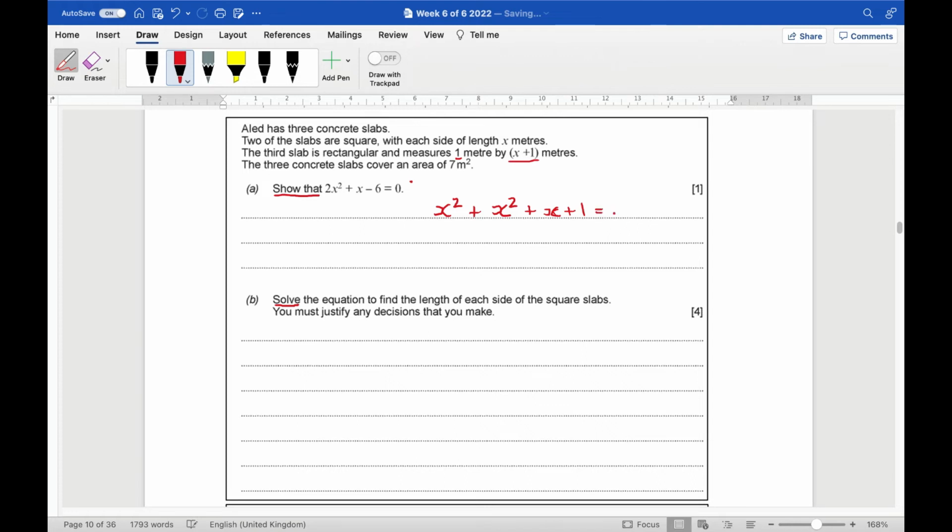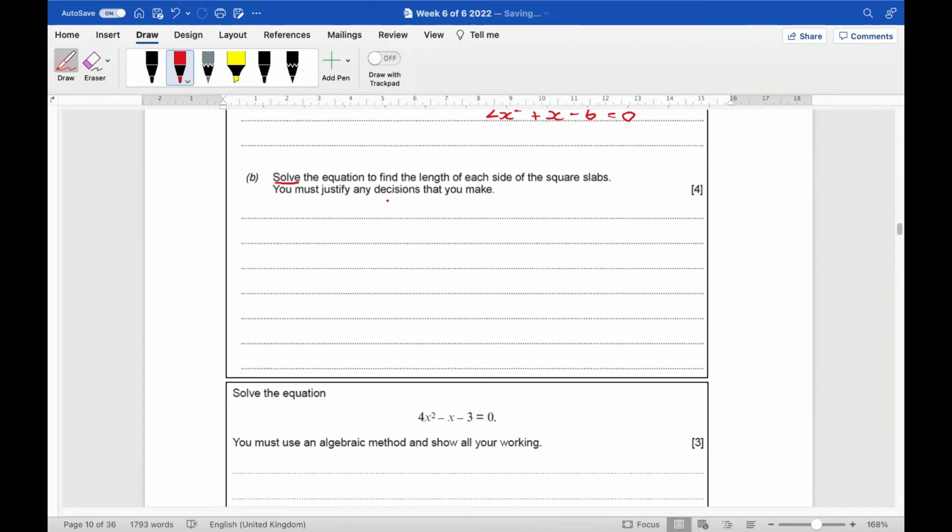But we're told that when we add the areas up, we get 7. Now, if we collect these things together, we've got 2x squared, we've got 1x, and if I bring the 7 over to leave 0 there and take it away from the 1, I get minus 6, and I have shown that. But that's not where the marks are here, is it?